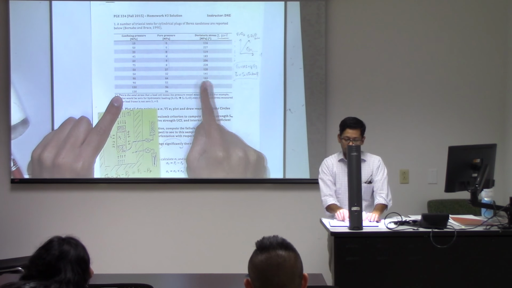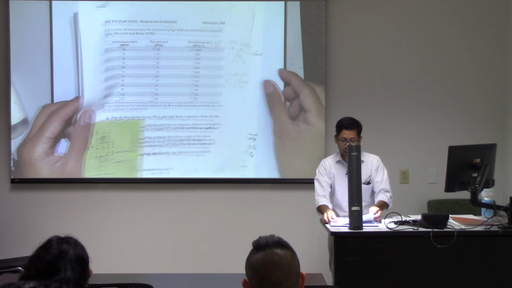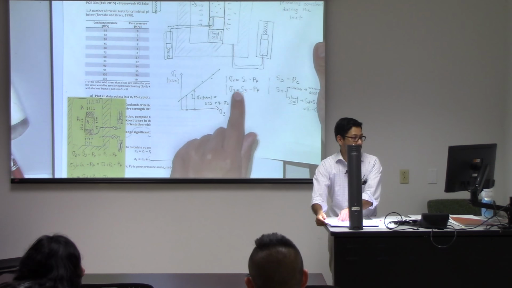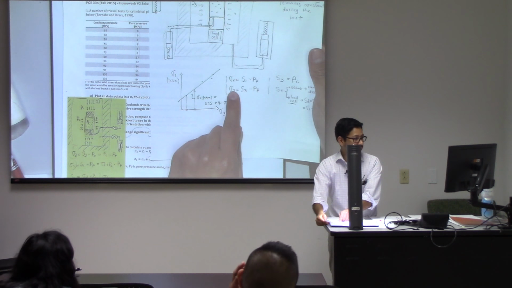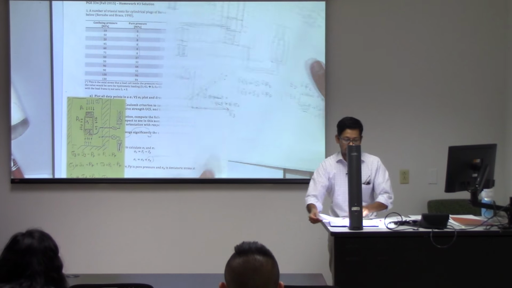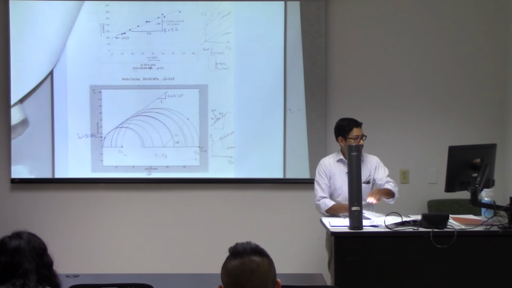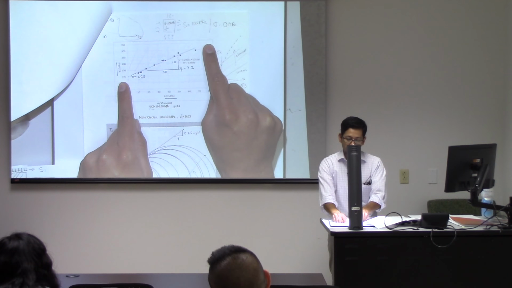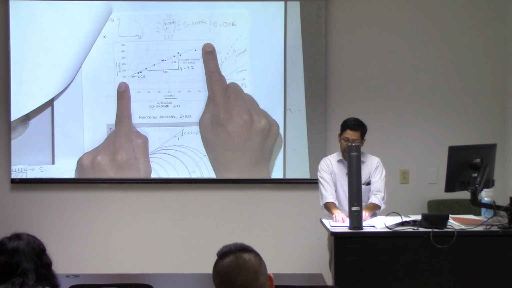With all these quantities, what you have to do is to compute the effective stresses. Once you have those effective stresses, you plot them as sigma 1 as a function of sigma 3. You throw a line through that. If you're doing this with Excel, use a regression.